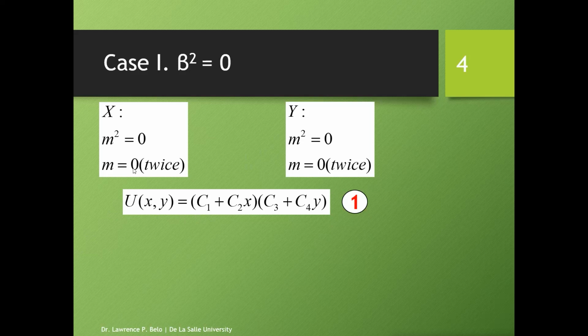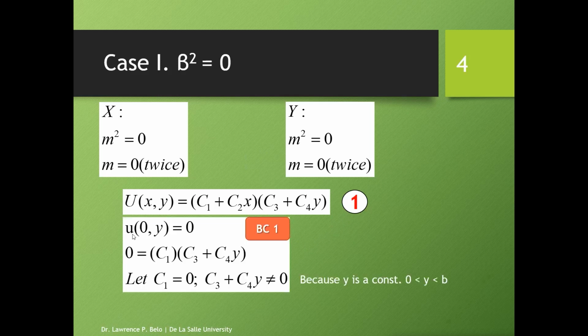There's no problem, because the left side is basically c1 plus c2x, and the right side is basically c3 plus c4y. Now, let's call this equation number 1. We apply the boundary condition: 0, y equals 0.